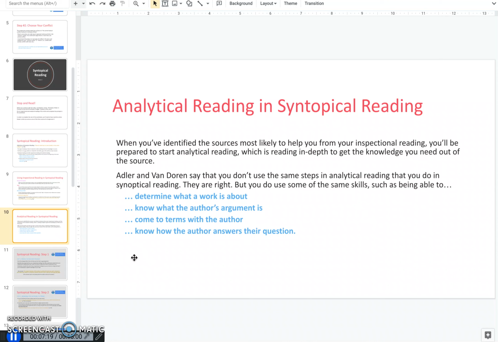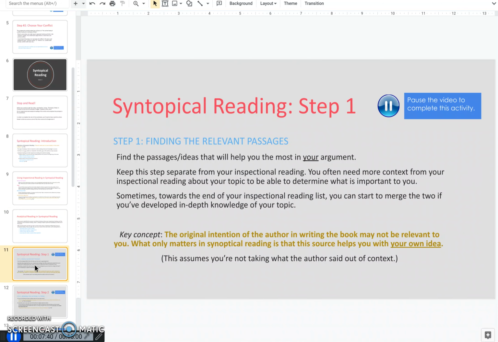And then lastly, know how the author answers their question, or what problem they were trying to address and how they addressed it. So analytical reading and syntopical reading is going to help you go from the broad knowledge you got with inspectional reading down to the nitty-gritty details that will give you the evidence that you need in your paper to prove what it is you want to say.